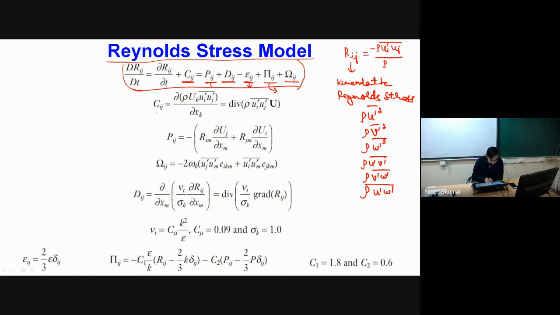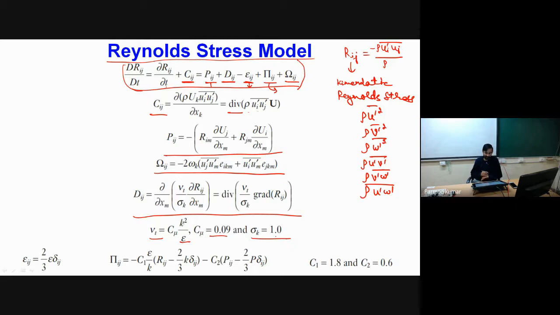Now if you see the convective part, it will be the divergence of rho ui dash uj dash into u, and this is the contribution because of the pressure, this is the production because of the rotation, this is the deformation over here, and this is the diffusion term. These are the relationships between the turbulent kinematic viscosity and turbulent kinetic energy and epsilon, and these are the values of the coefficients c mu and sigma k.